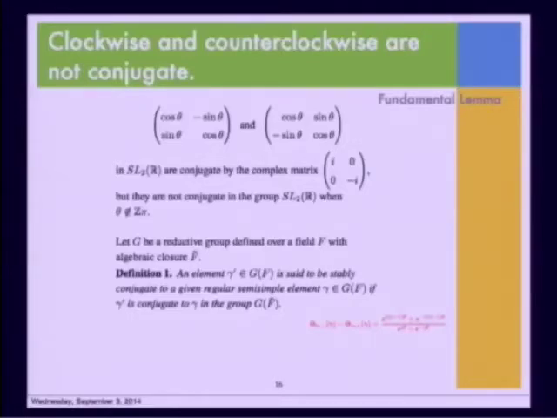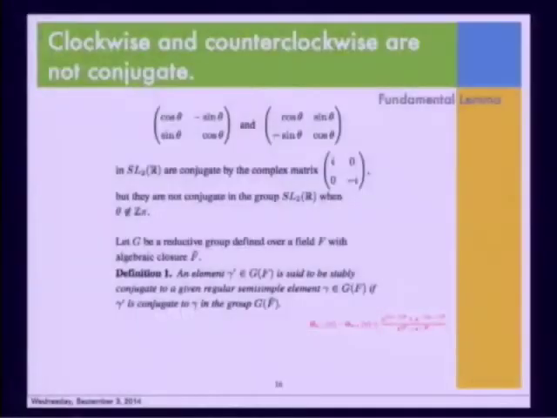They have the same determinant and the same trace, so they have the same characteristic polynomial, but they're not conjugate to each other in SL2(R). To conjugate them, you need to use a complex number. So they're conjugate inside SL2 over the complex numbers, but they're not conjugate inside SL2(R).